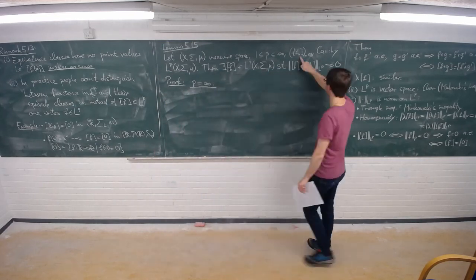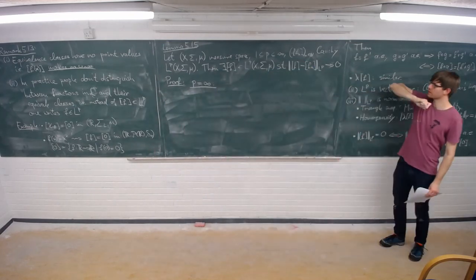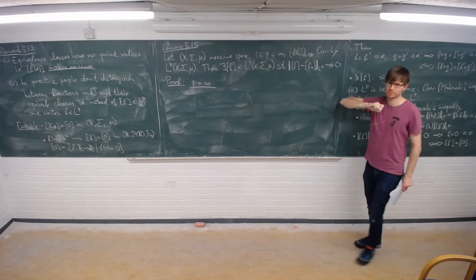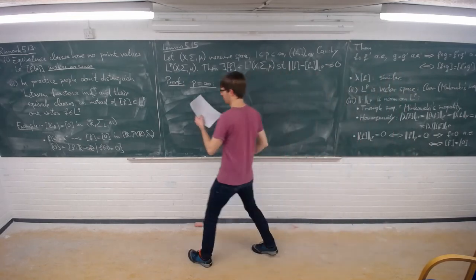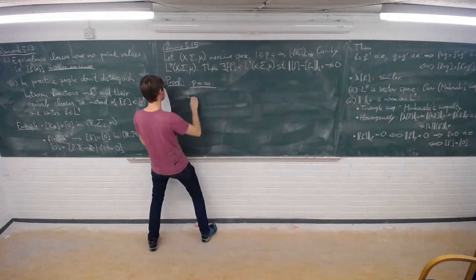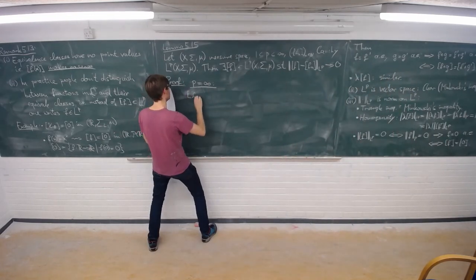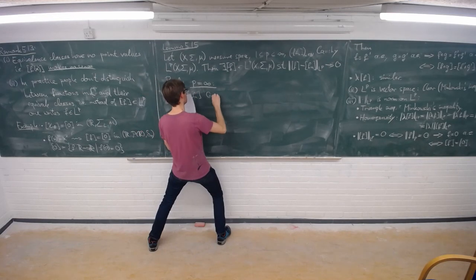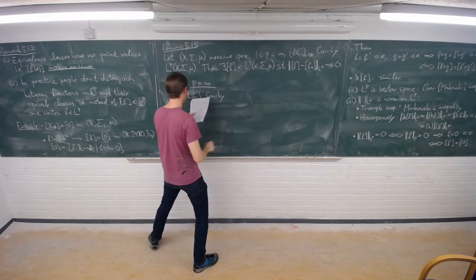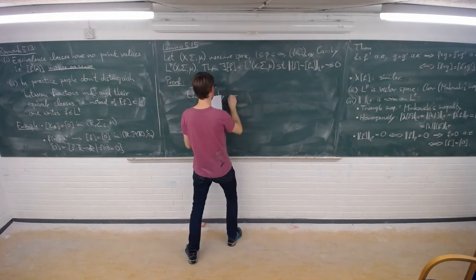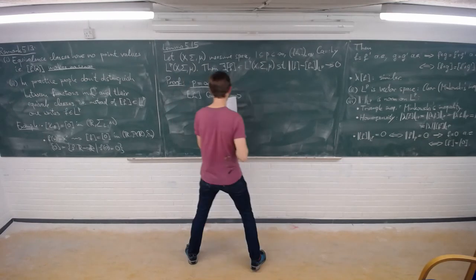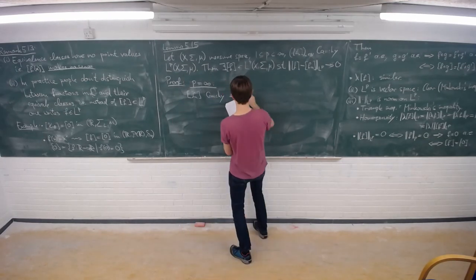Okay, so now Fn is a Cauchy sequence with respect to the L infinity norm. In particular, we can do the following.